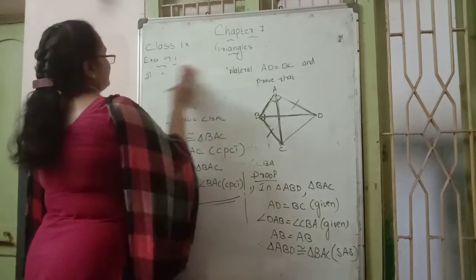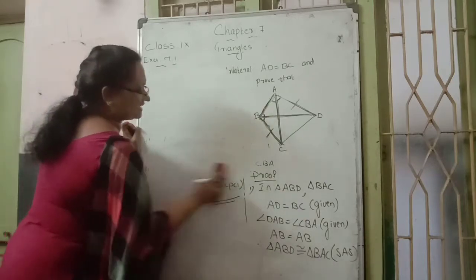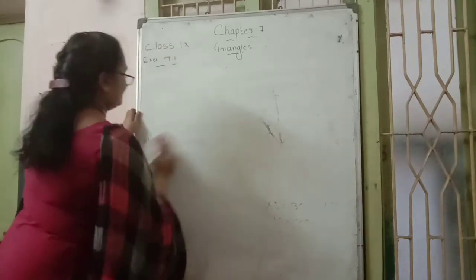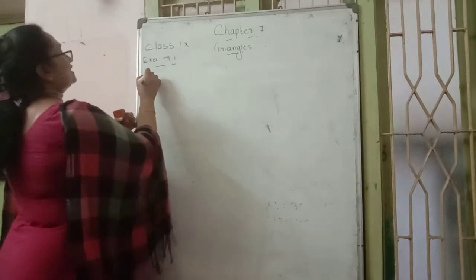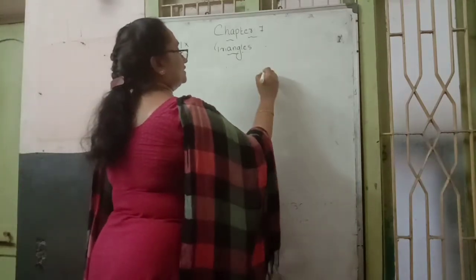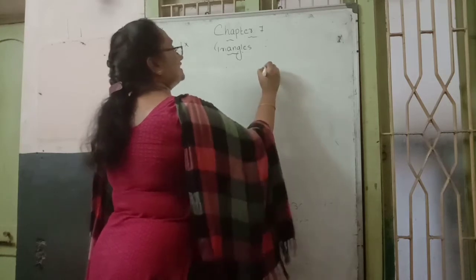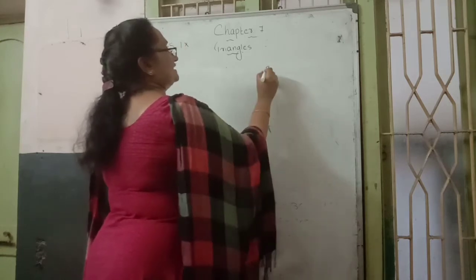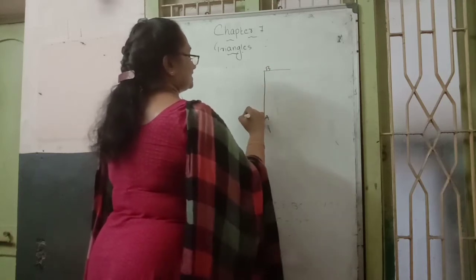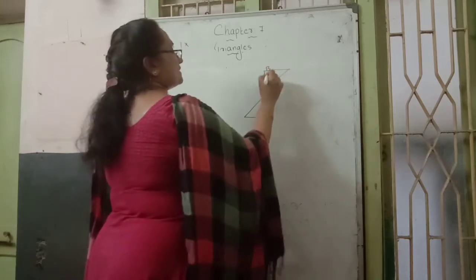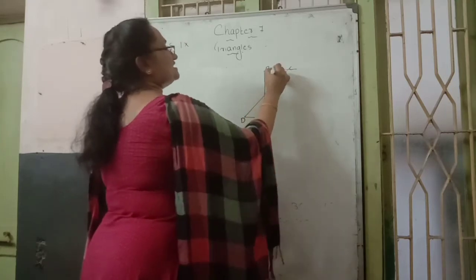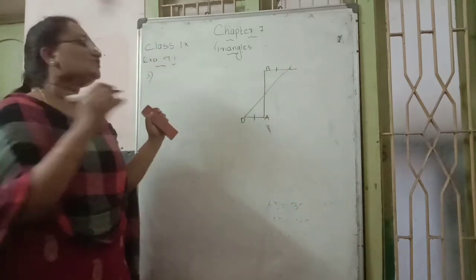Then next, the third question. In the third question, one diagram is given like this. Here AB side is there, and these parts are joined. This part is marked B, C and D, with BC side and AD side equal.